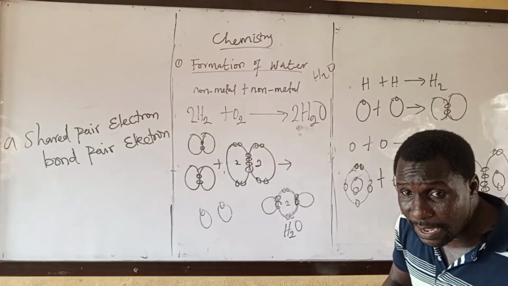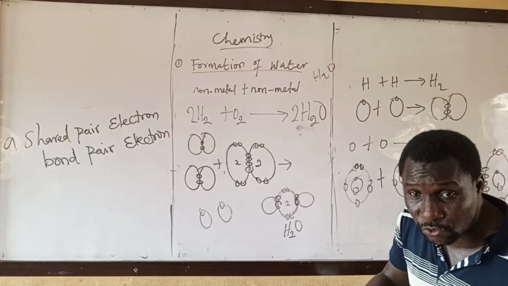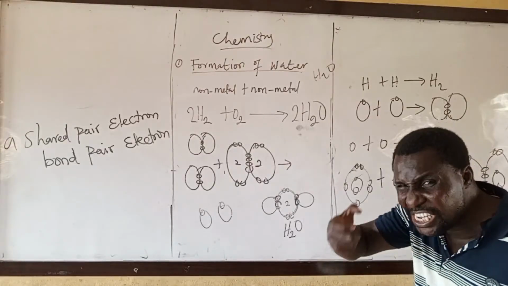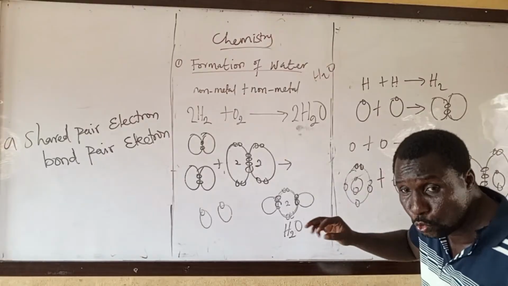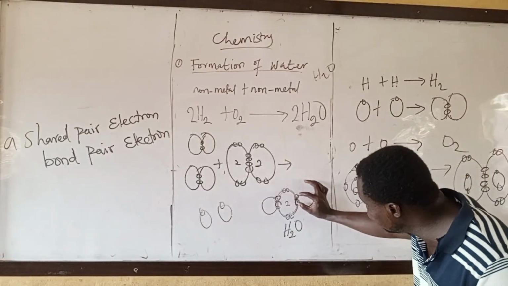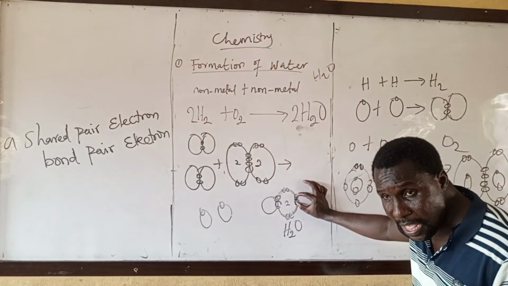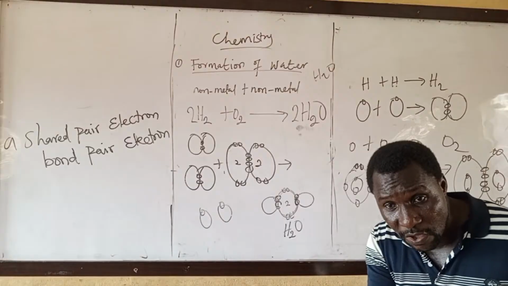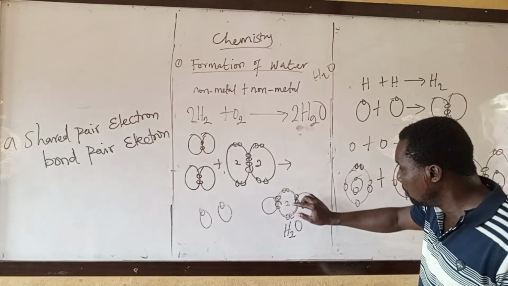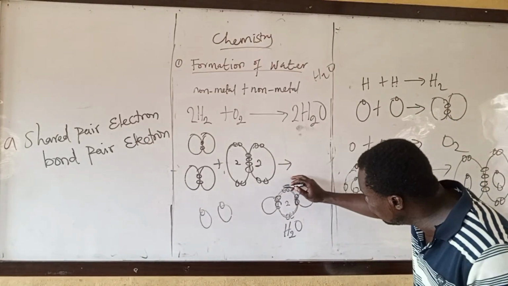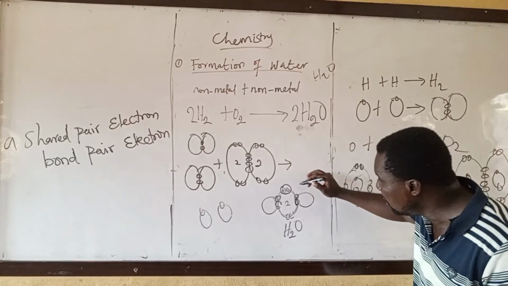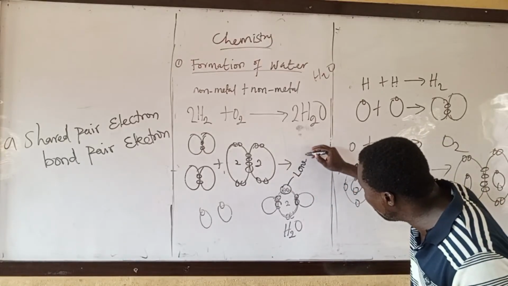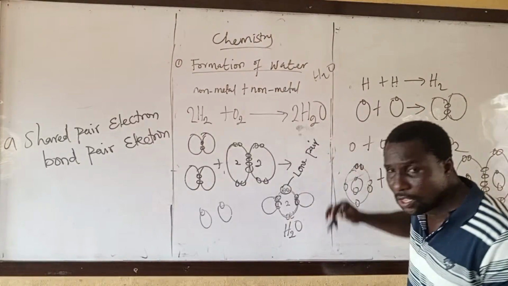Four, between oxygen and two hydrogen. A shared pair is known as a bond pair. That means the one that is not shared is known as what? Lone pair.